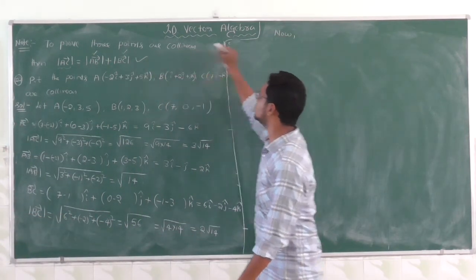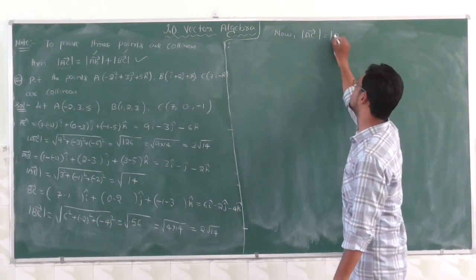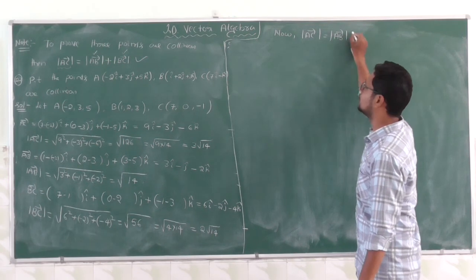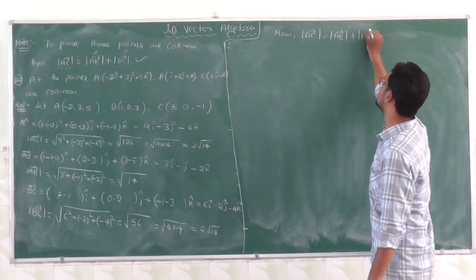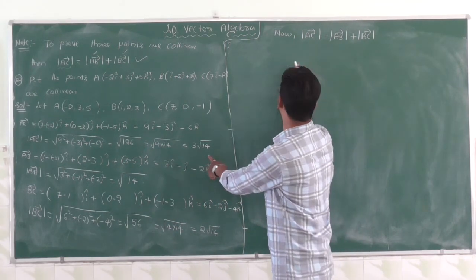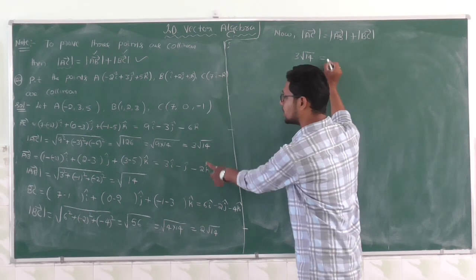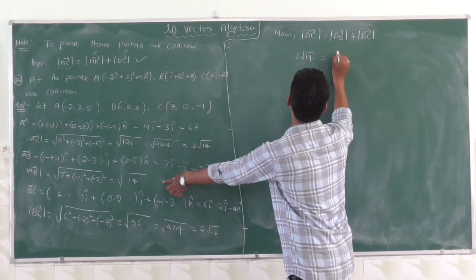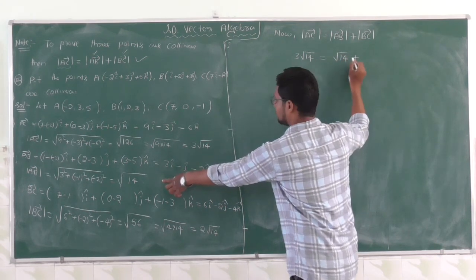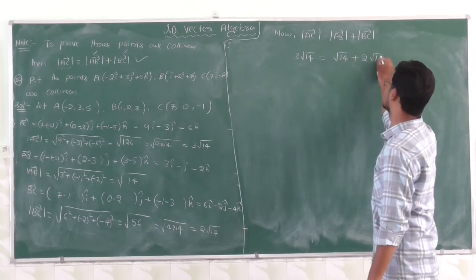Write down this condition. Magnitude of AC vector equals magnitude of AB vector plus magnitude of BC vector. Magnitude of AC vector is 3 into square root of 14, equals magnitude of AB vector, square root of 14, plus magnitude of BC vector, 2 into root 14.